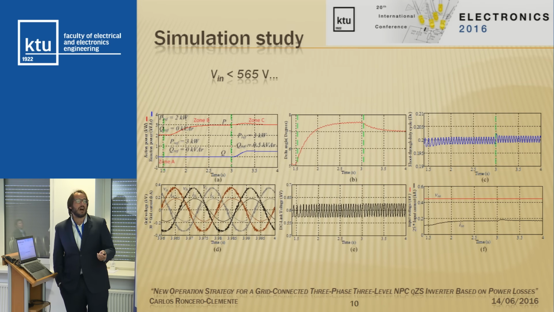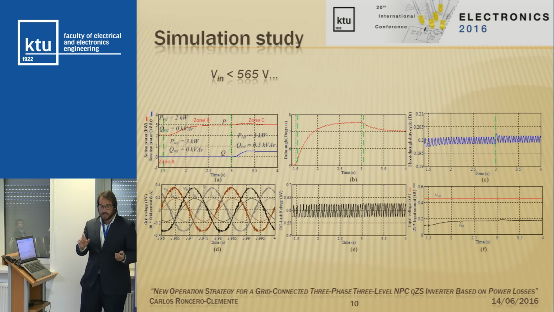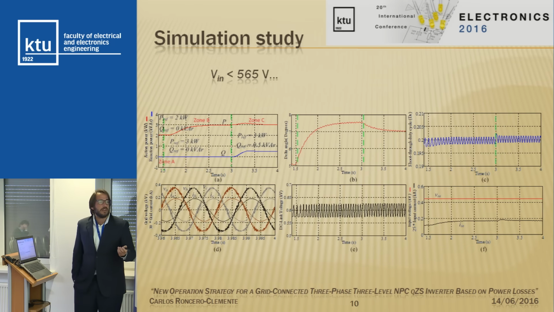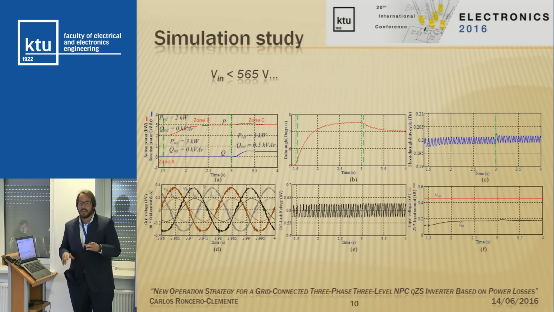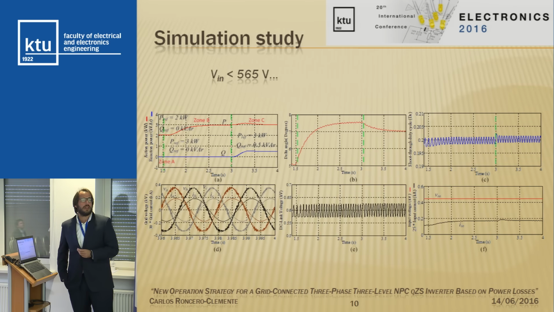Here we can see how the grid voltage is distorted because we have connected our system to a low voltage distribution network with a high impedance. The short circuit power of our grid is quite low, and this distortion is produced by the ripple in the shoot-through duty cycle, and this effect on the DC side is transferred to the AC side.